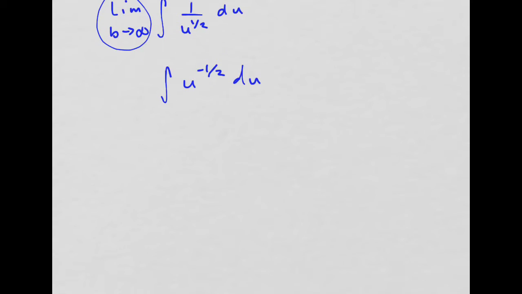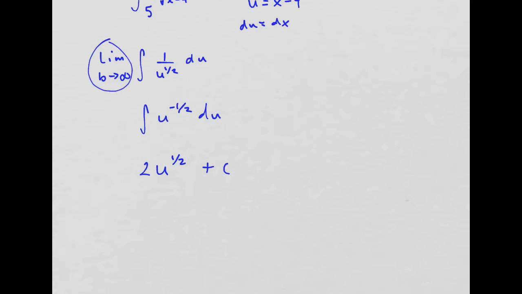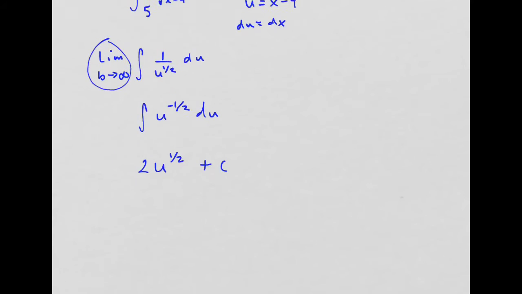Take the antiderivative, that means I add 1. So adding 2 over 2 to that would give me positive 1/2. Multiply by 2. I'll take the derivative just to make sure. Bring the 1/2 down, that cancels. And then subtract 1, that's negative 1/2. Yes. Okay. And then normally it would be plus c. However, I want it to be not an indefinite integral, I want it to be a definite integral.